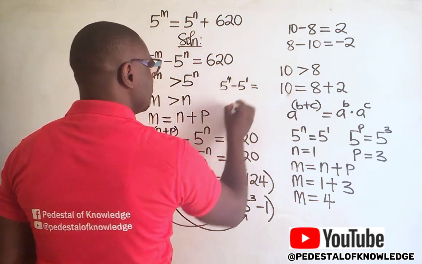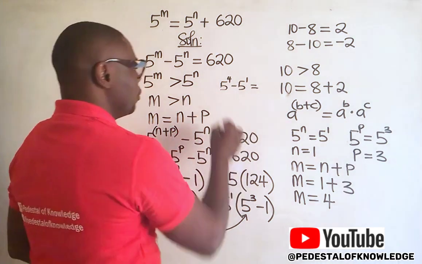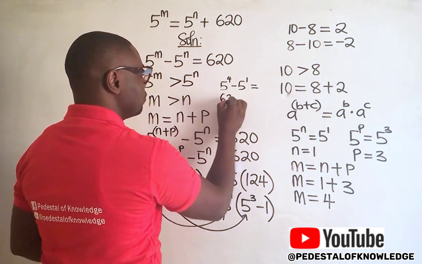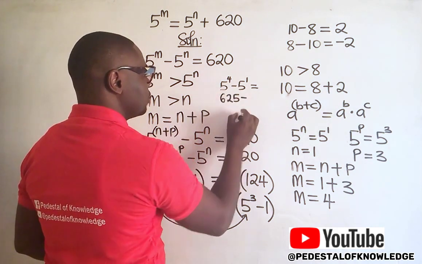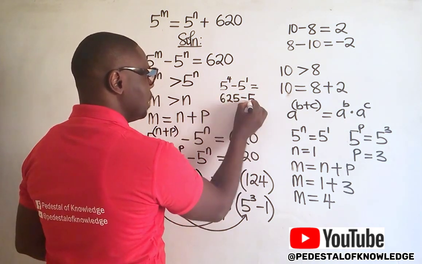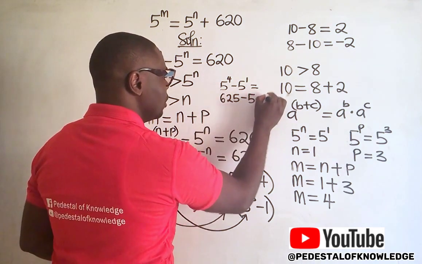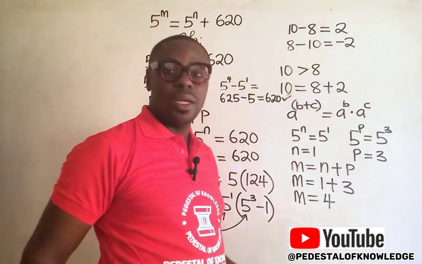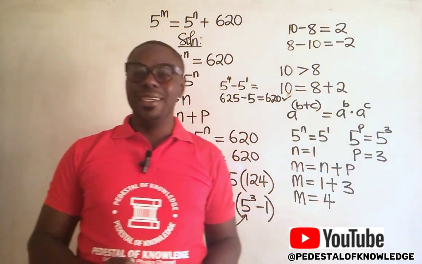Let us see if the result will be 620. Now, 5 raised to power 4 is equal to 625, minus 5 raised to power 1, which is 5. And 625 minus 5 is equal to 620. So it has been confirmed that the value of m is equal to 4 and the value of n is equal to 1.